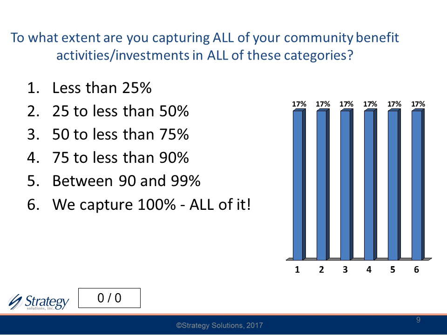Would your guess be that you're collecting less than 25%, 25 to less than 50%, 50 to less than 75, 75 to less than 90? Or do you think you're capturing all of the things of community benefit that you could or should be capturing?